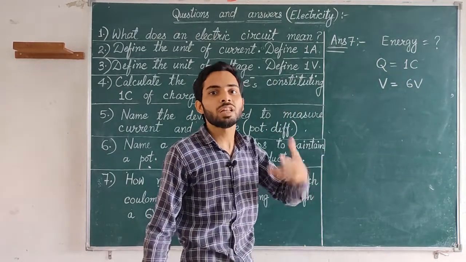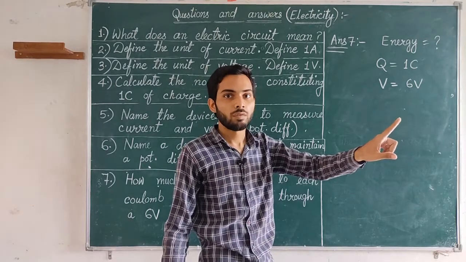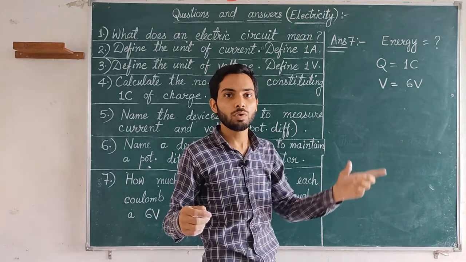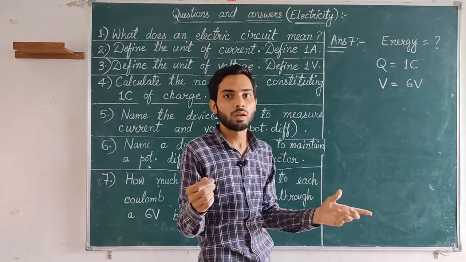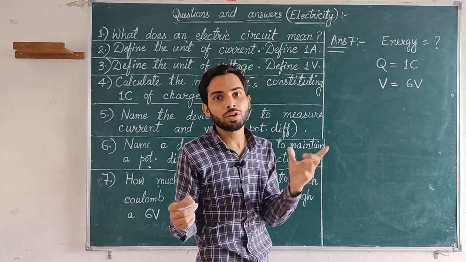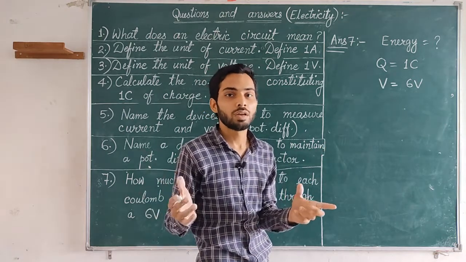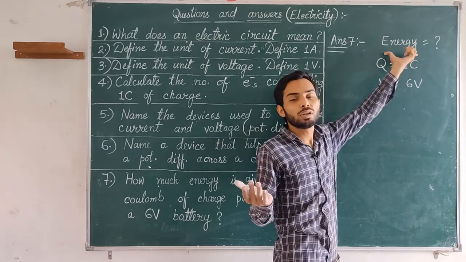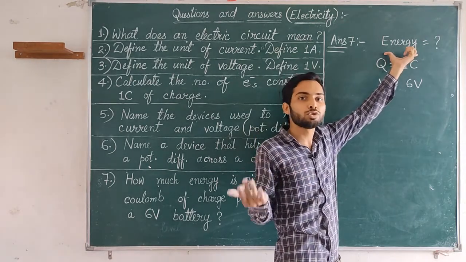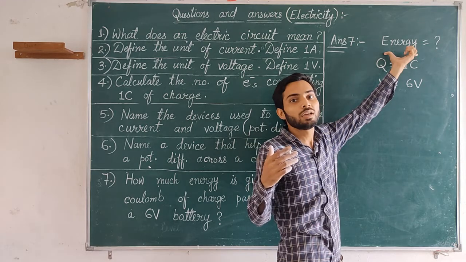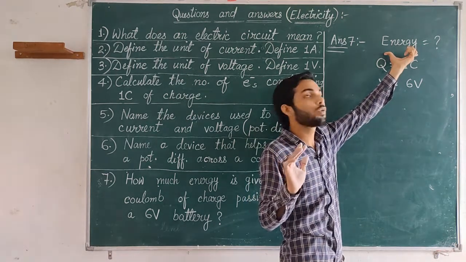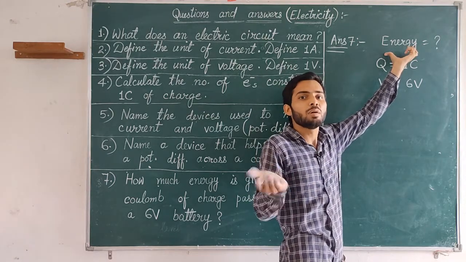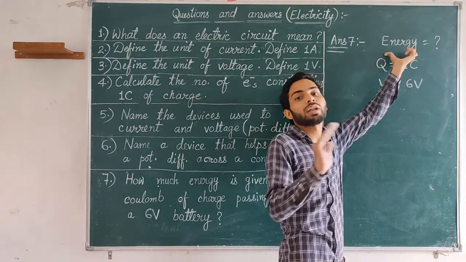Now, what is energy? The energy is nothing but work done. We are going to calculate work done. Sir, how is energy same as work done? My dear students, the unit of energy and work is same. The unit of energy is also joule, and that of work done is also joule. So we are going to calculate energy, means that we are going to calculate work done.